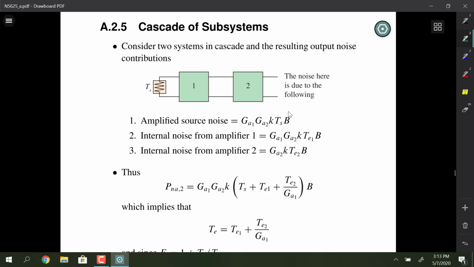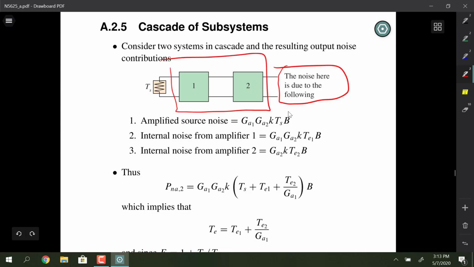And the idea is to be able to calculate the noise at the output due to the input, but along the way what we're going to do is we're going to get the effective noise figure of the cascade. So we're after characterizing this as either an F cascade or T effective cascade.